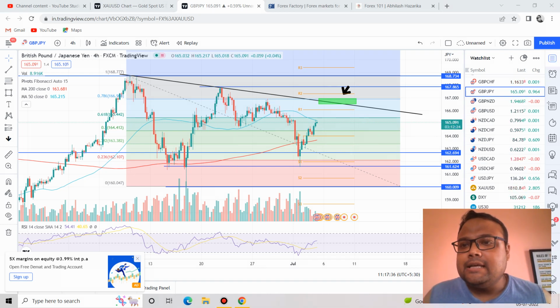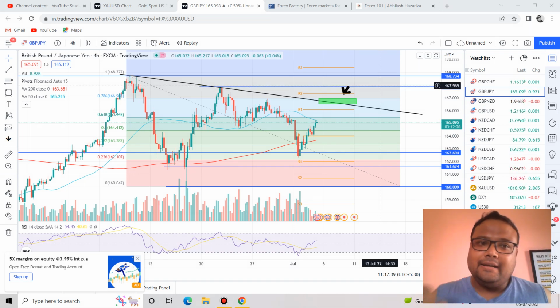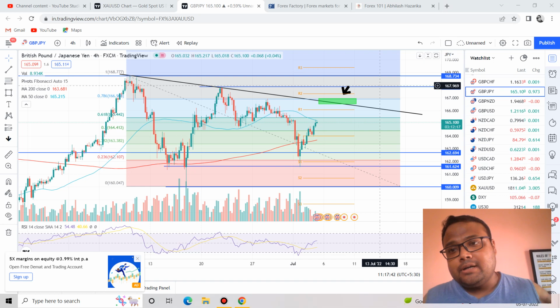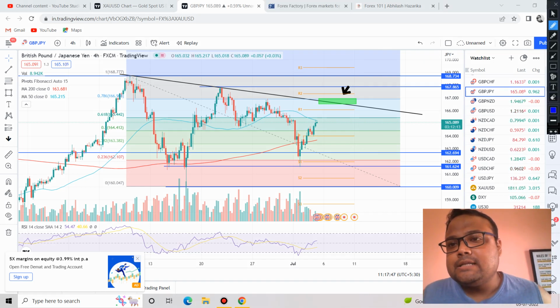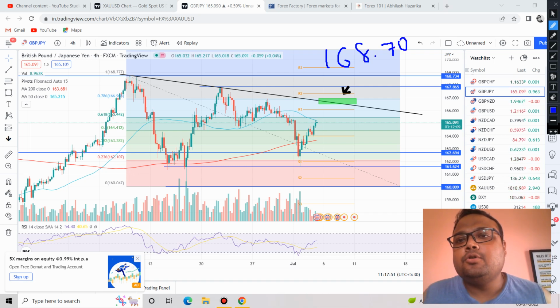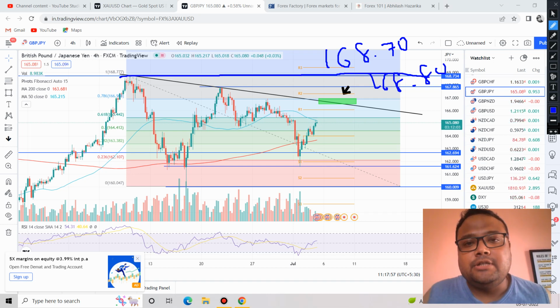The second resistance is around 167.86, and the strongest resistance on the chart of GBPJPY for us right now is at 168.70 to 168.80. This is the strongest resistance for us on the chart of GBPJPY.